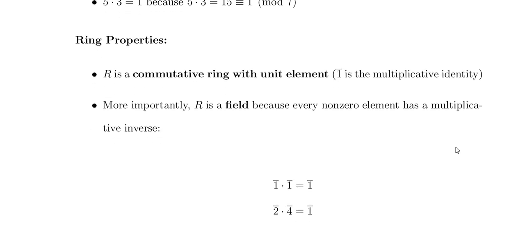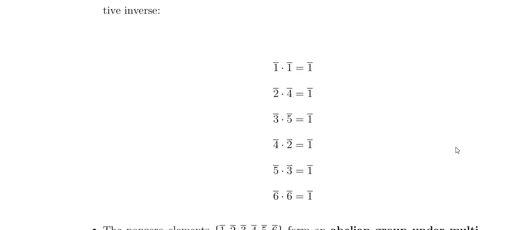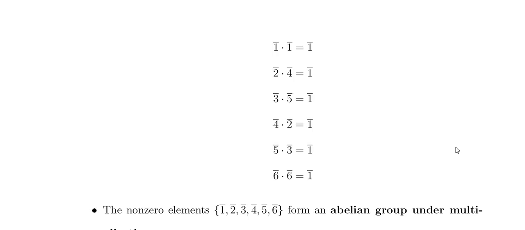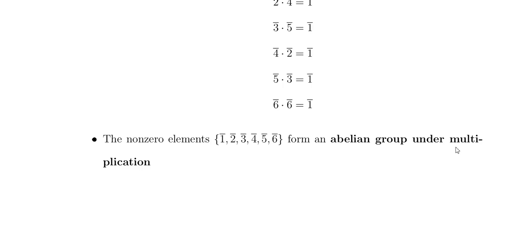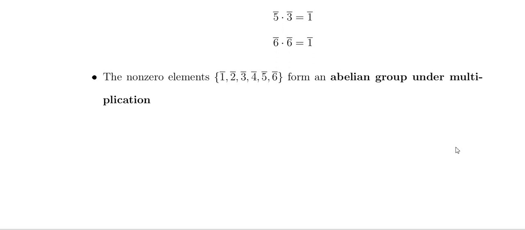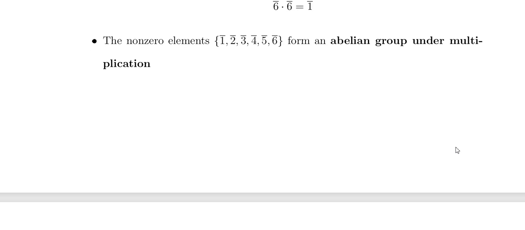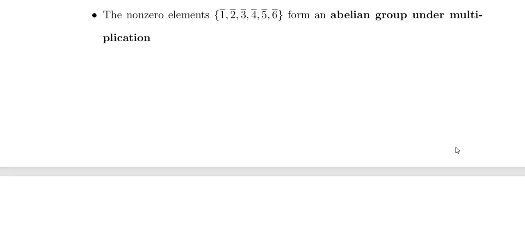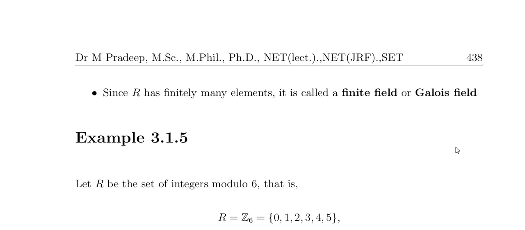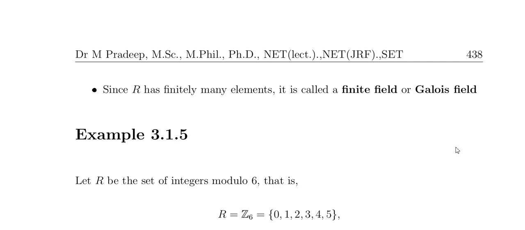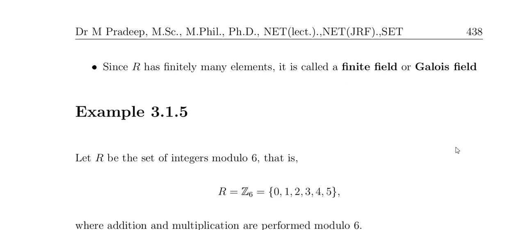For example, 2 into 4 is 8, which is 1; the multiplicative inverse of 3 is 5, of 4 is 2, of 5 is 3, of 6 is 6. So this forms an abelian group under multiplication, and R has finitely many elements, so this is an example for a finite field, also called a Galois field.